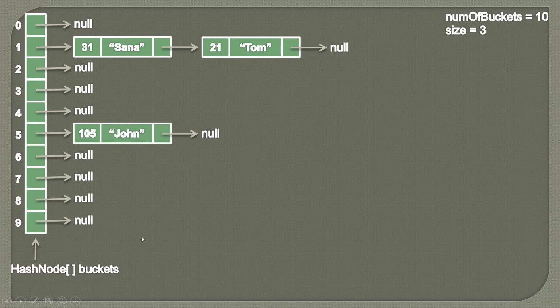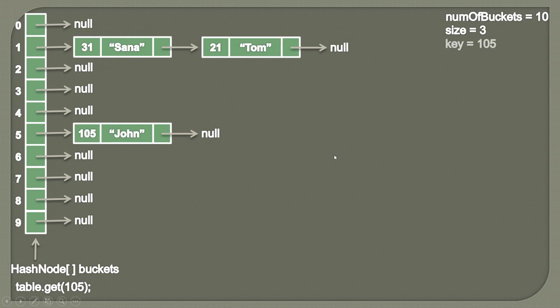Inside this buckets array, there can be thousands of elements in the form of key value pairs. So how does the hash function help us search for our particular key value pair fast? Let's suppose we call table.get and pass in a key as 105. Via this method we are asking to please get us the value corresponding to this key.